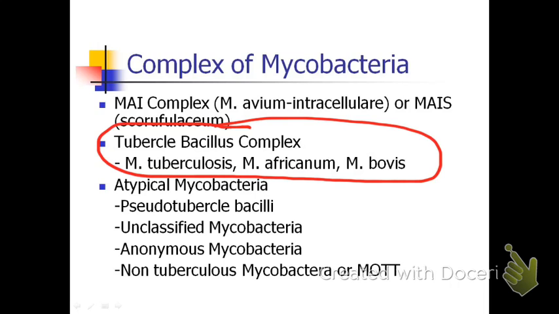Other complexes would include the MAI, the Avium intracellulare scrofulaceum complex, and the atypical mycobacteria, sometimes known as pseudotubercle bacilli, unclassified mycobacteria, anonymous mycobacteria, or the MOTT, Mycobacteria other than tuberculous mycobacteria.